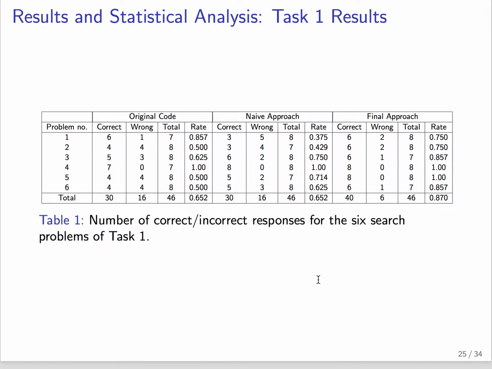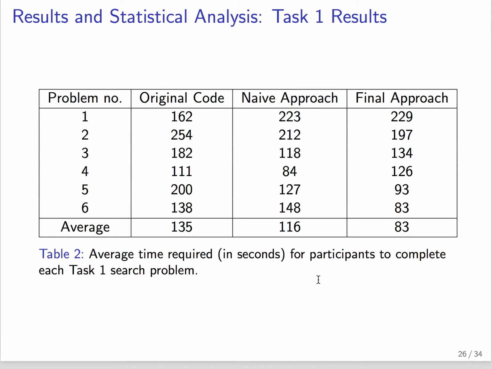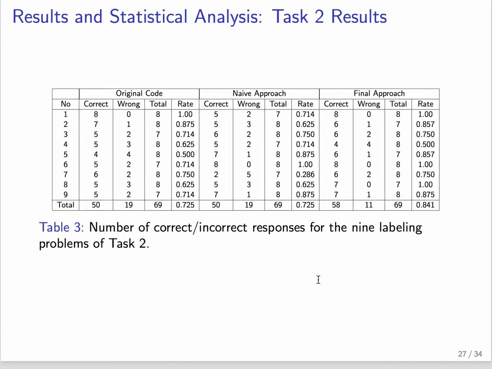And here's the result. We calculate the accuracy and time for each question, and it suggests that our source code abridger outperforms both the original code and the result generated by the strawman in both time and accuracy for both tasks.